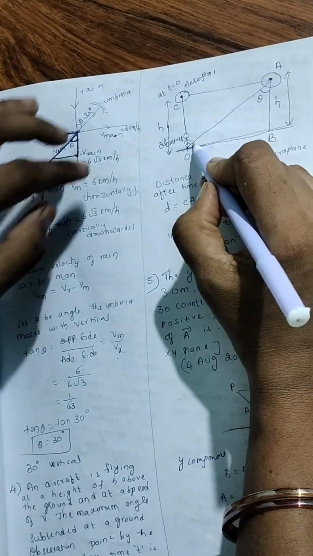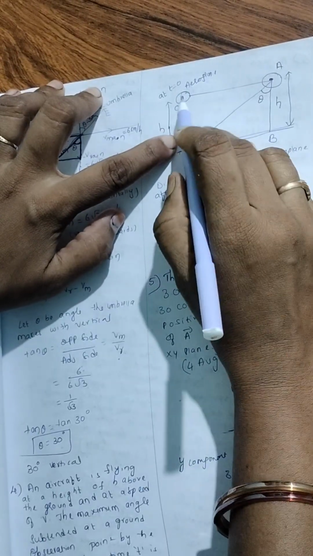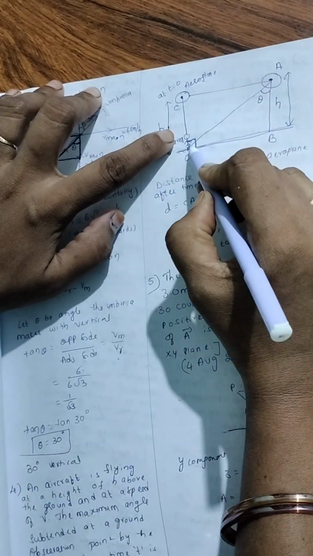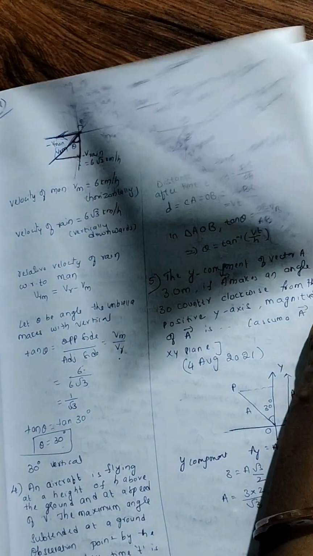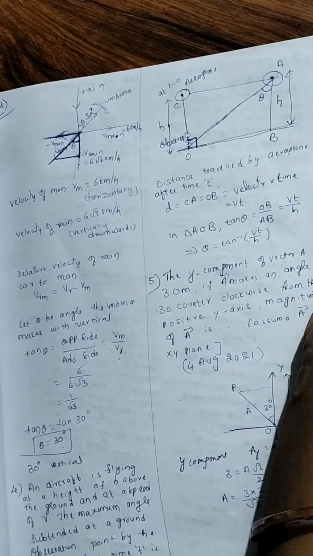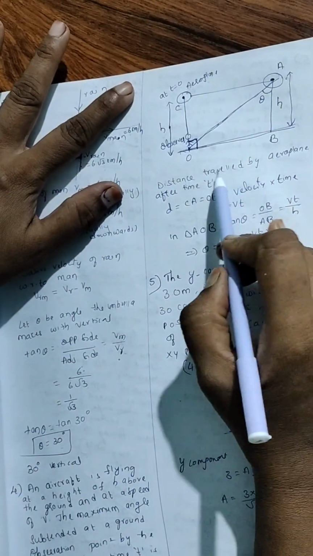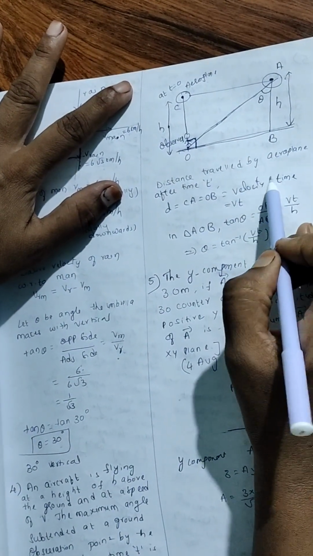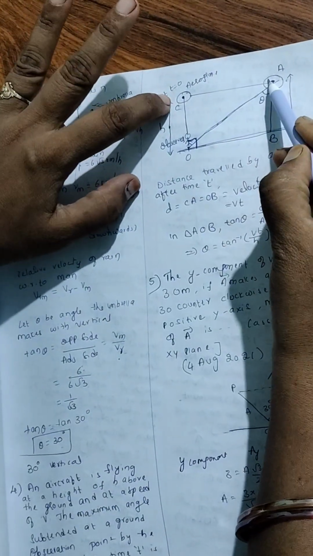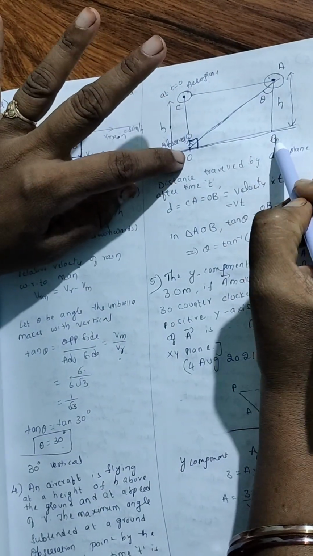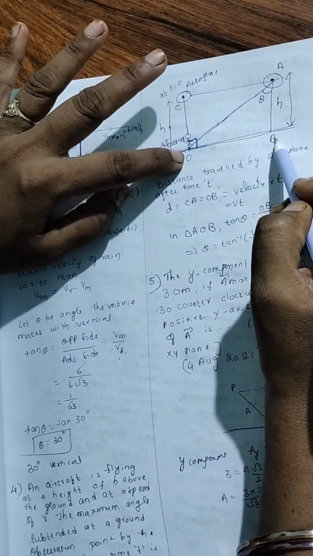Now, what happens to this angle? First, this is the angle. As the aeroplane moves, the angle also changes. The distance traveled by the aeroplane, CA, is equal to OB, which is velocity into time.